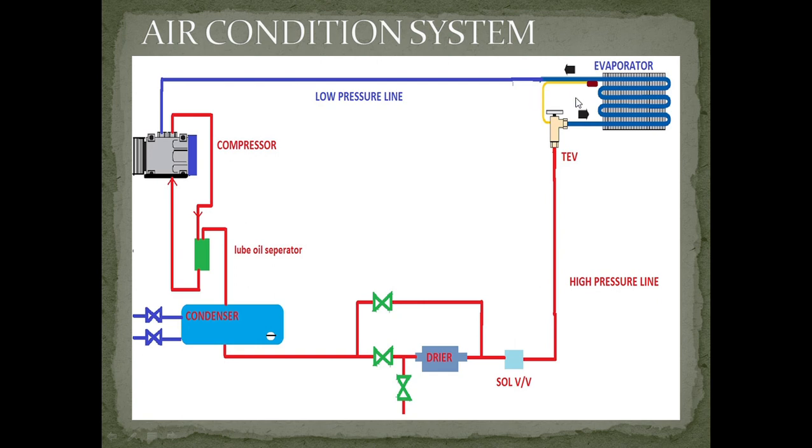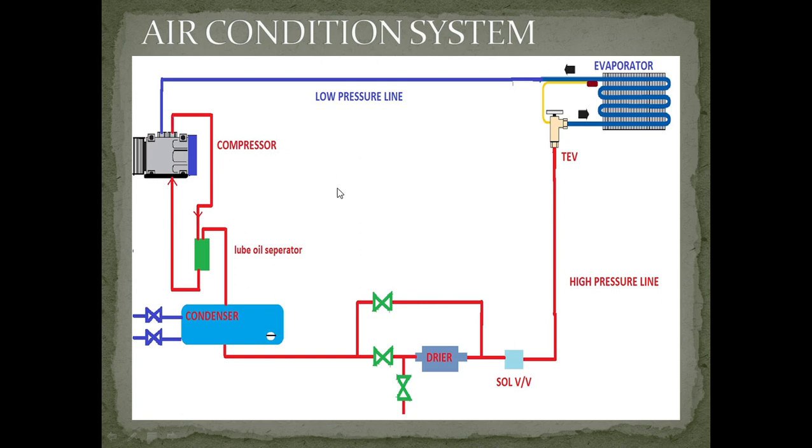This air will be flowing, and by absorbing the heat from the surrounding air, the gas changes into vapor, changing from high pressure to low pressure in the evaporator, and then the gas flows to the compressor. This is a cycle.